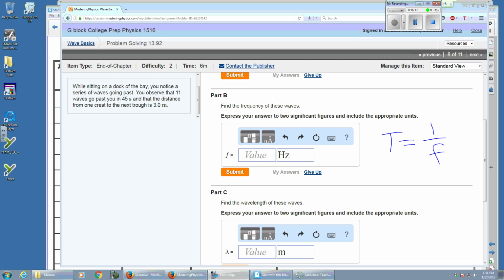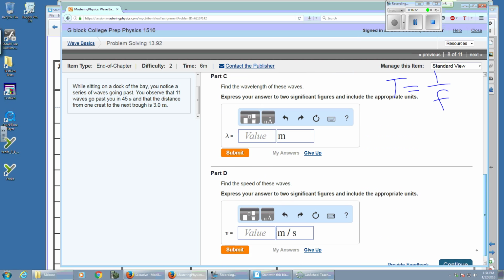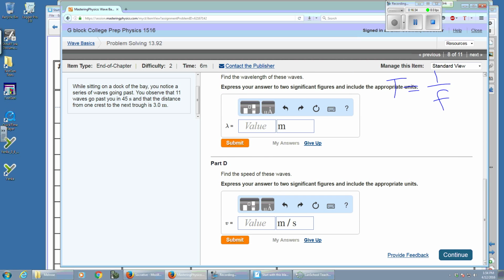And then the wavelength, oh, we just talked about that. And then, oh, the speed, remember we have our other equation. V equals lambda f, the speed equals the wavelength times the frequency.